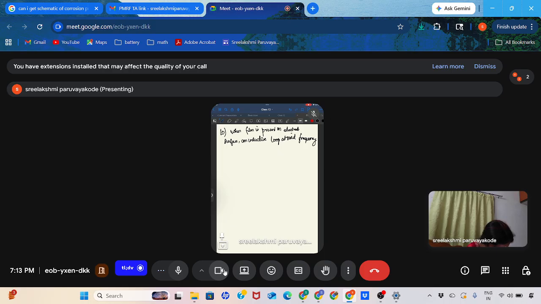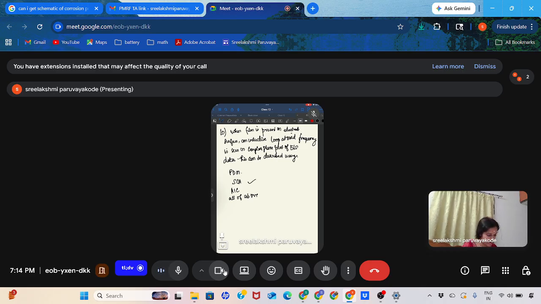I'll write out the question and then write the answer. So when you have a film present on the electrode surface, and an inductive loop at mid frequency is seen in the complex plane plot of EIS data, which can be used to describe it?